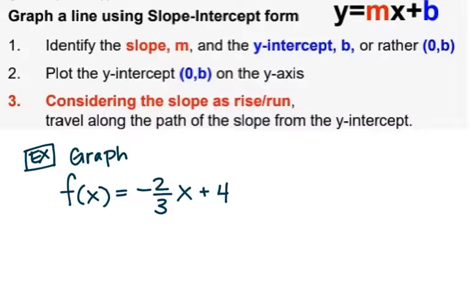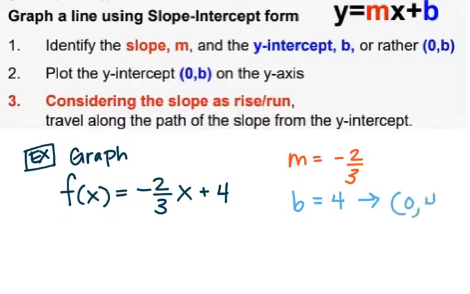For our example, we're going to graph this function using the slope and the y-intercept. The function we're given is f of x equals negative 2/3 times x plus 4. One thing we should recognize: my slope, m, is negative 2/3. That's the scalar multiple in front of x. And my y-intercept comes from b. In this situation, b equals positive 4.